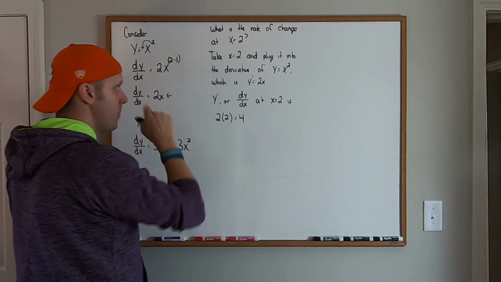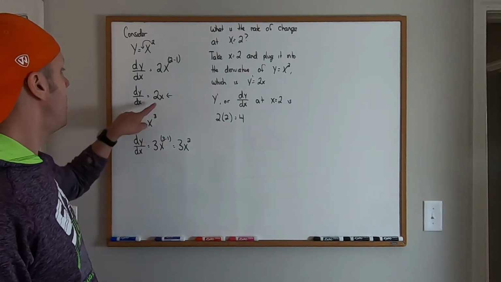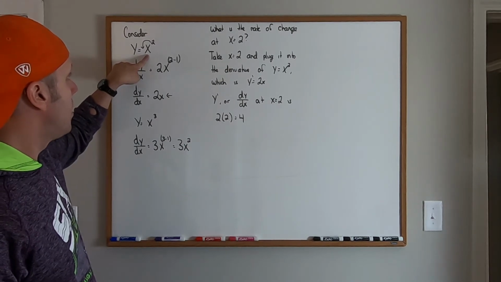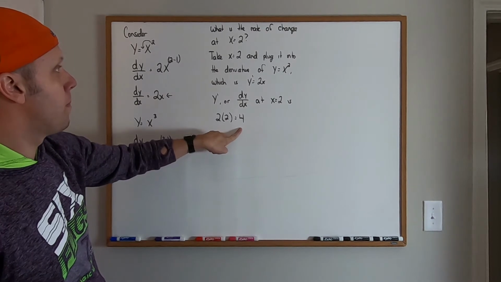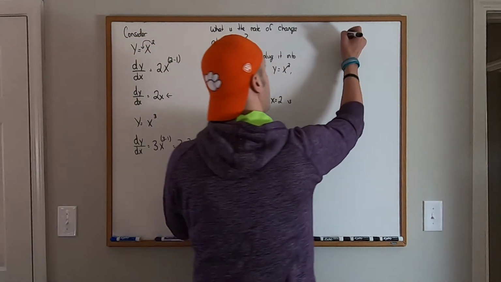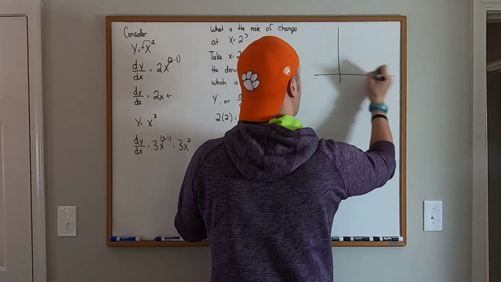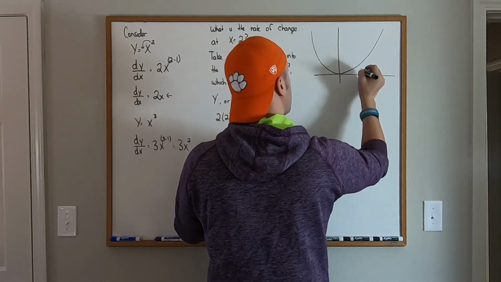All right, so the slope of y equals x squared at x equals 2 is 4. Let's draw that out. Remember, y equals x squared is a parabola.